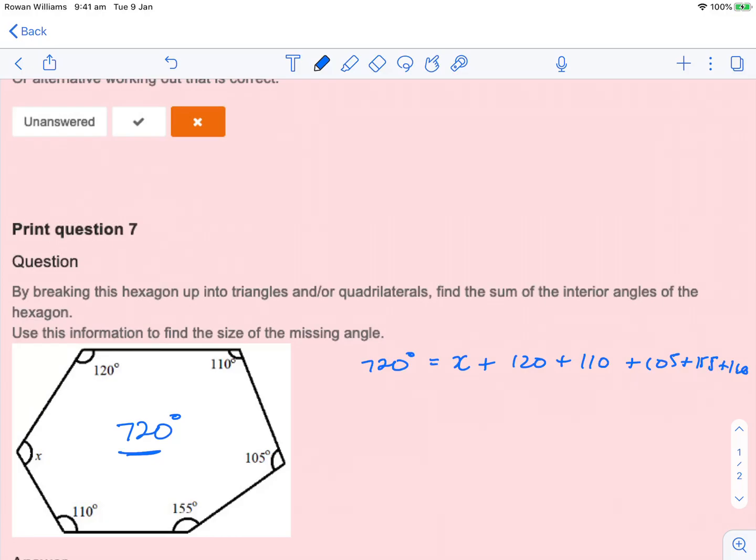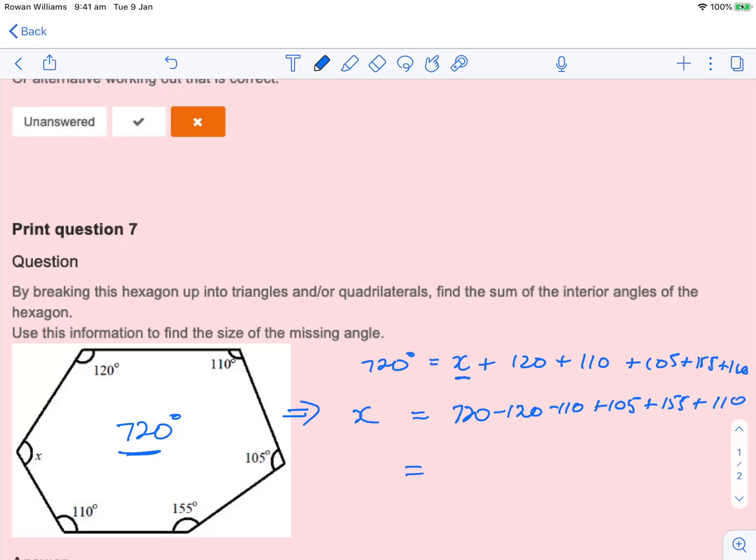Or then I can shift that around, and because I'm looking for the missing side here, I'll write it a little bit differently and go x by itself is therefore equal to 720 take 120 take 110 take 105 take 155 take 110, wasn't it?